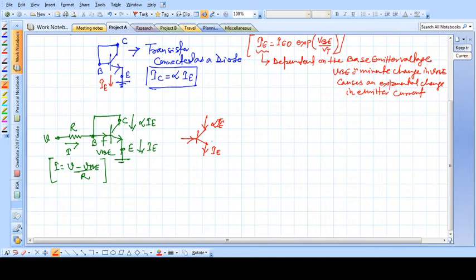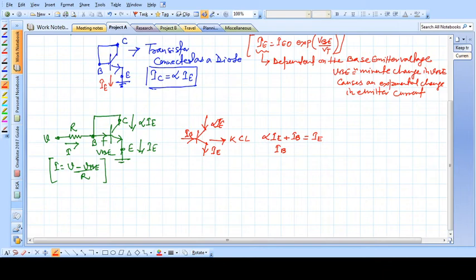Just apply KCL, Kirchhoff's current law; this one is your incoming current. The incoming current at a particular point should be alpha IE, and make it some current, say IB: alpha IE plus IB equals IE.